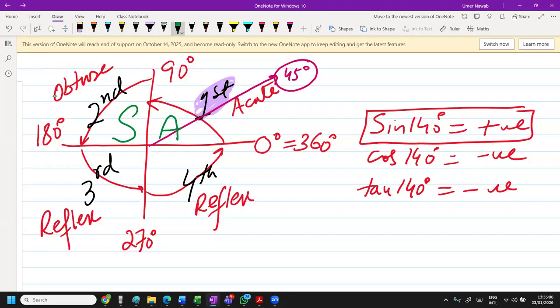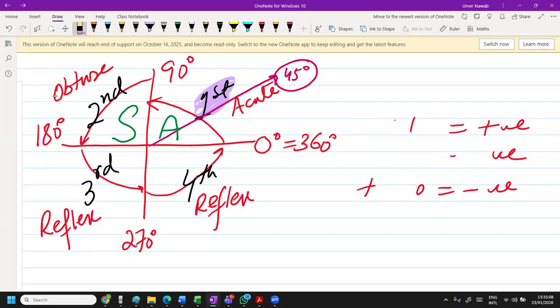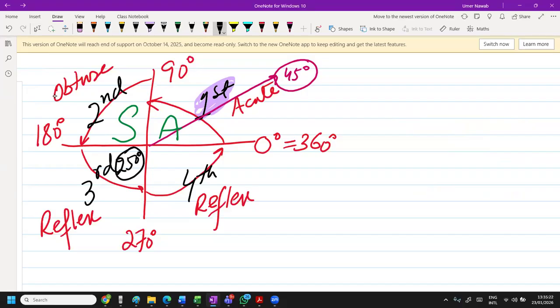Now let's go to the third quadrant and pick any angle. I'm sure you guys will pick any angle, but here I'm going to pick, suppose, 250 degrees. Now 250 is between 180 and 270, so 250 is a reflex angle. Let's take sine of 250, cosine of 250, and tan of 250.